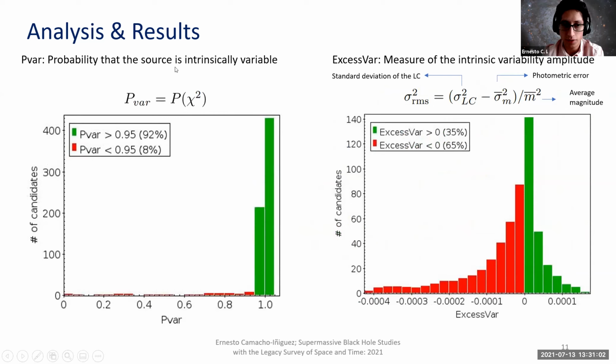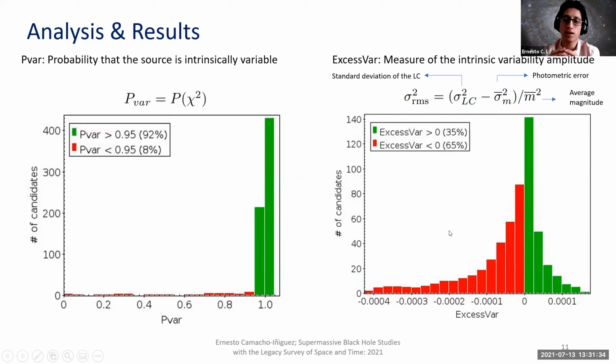But we cannot trust this parameter alone because it does not take into account some systematics such as the host contamination. So we had to take into account other metrics, other parameters, such as the excess variance, which relates the standard deviation of the light curve, the photometric error, and the average magnitude. And you can see here that according to this feature, most of our sample, around 65%, is dominated by noise.